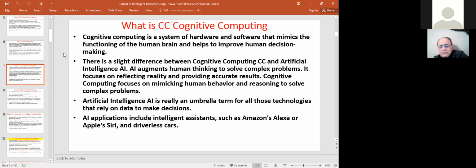There is a slight difference between artificial intelligence and cognitive computing. Artificial intelligence, AI, works on the level of human thinking and its ability to solve complex problems, whereas cognitive computing really is mimicry.